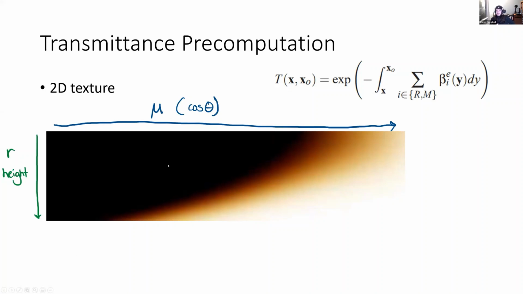There's a lot of consideration for maintaining precision, because the precision of the angle matters a decent amount. For example, this table is only 256 pixels wide, and that's not that many discrete angles, only 256. So they do a fancy mapping so that more precision is saved near the horizon, where more detail of the angle actually matters. But that's just an implementation detail that you don't need to worry about.